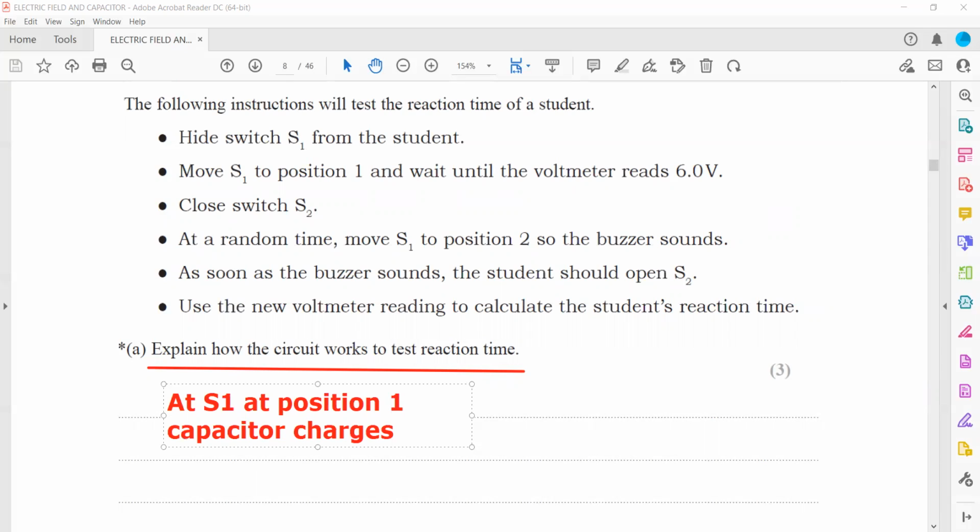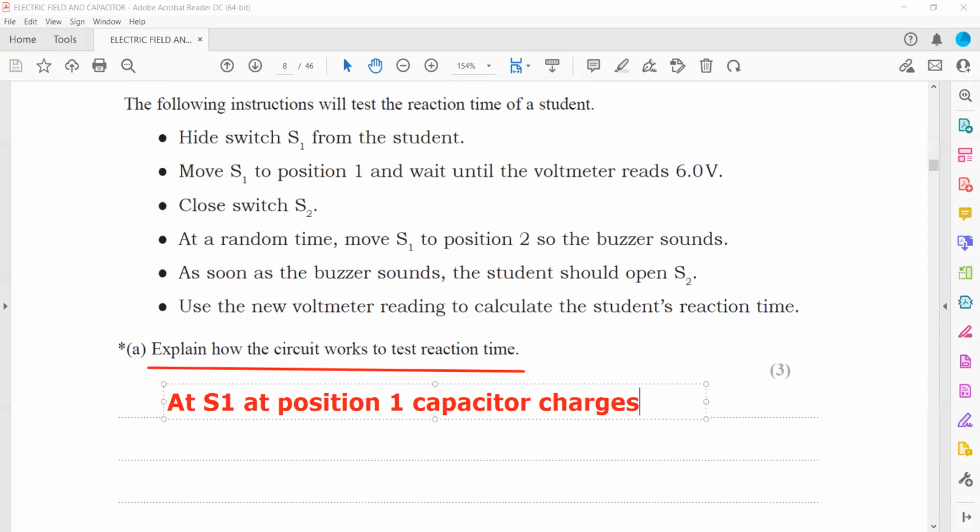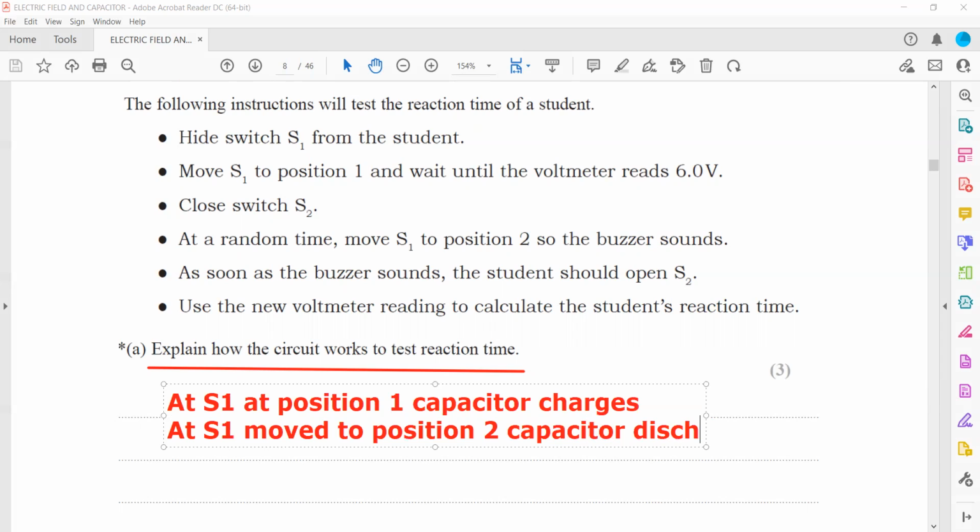Then, when S1 is moved to position 2, the capacitor discharges. The capacitor starts to give out its charge.